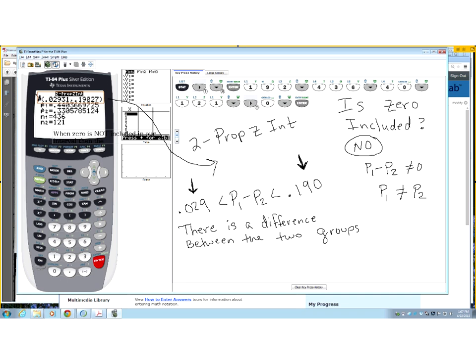All right, so hopefully that little summary at the end will help you when it comes to answering the questions. Is there a difference between the two groups?